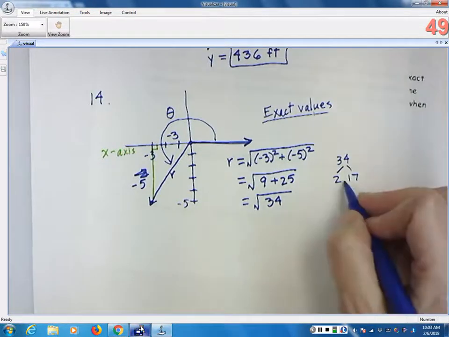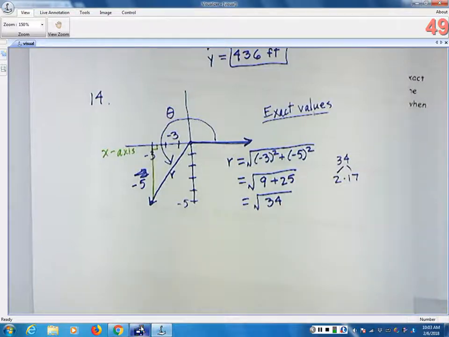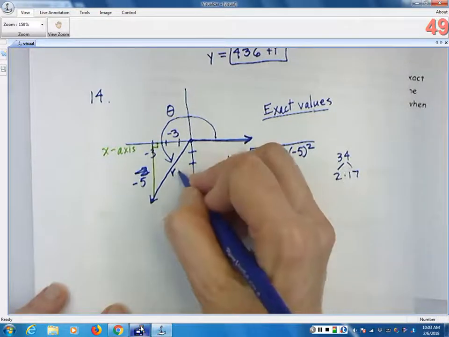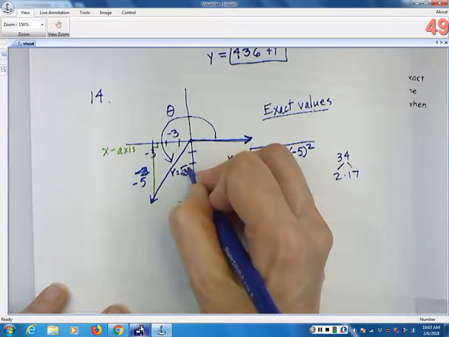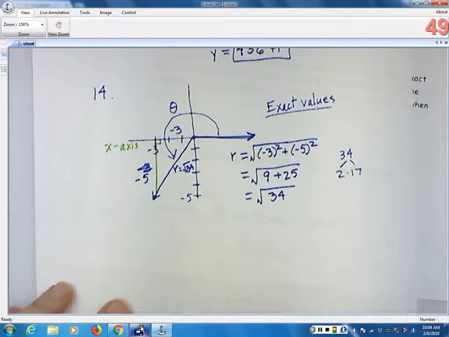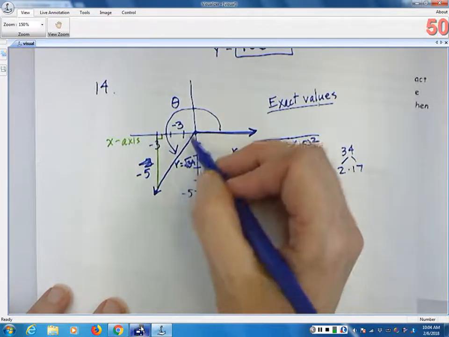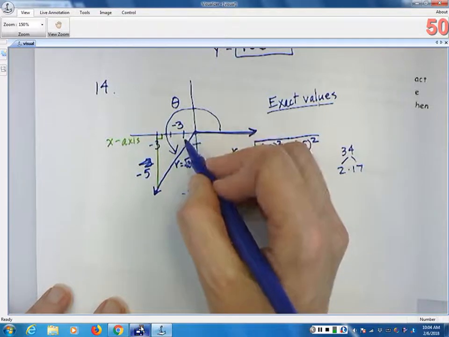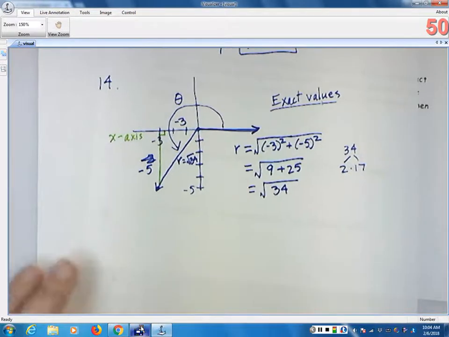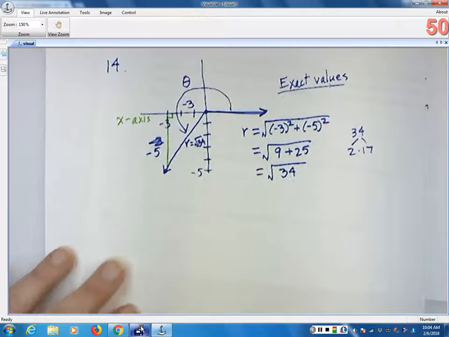So we leave it as the square root of 34. So this is square root of 34. Now we're going to find the exact values, and we don't put a negative on R ever. There's our theta. Find all 6 trig functions.